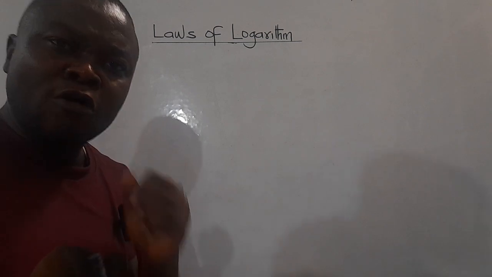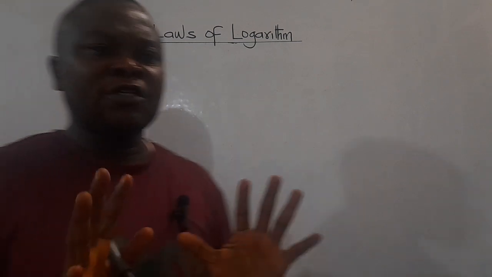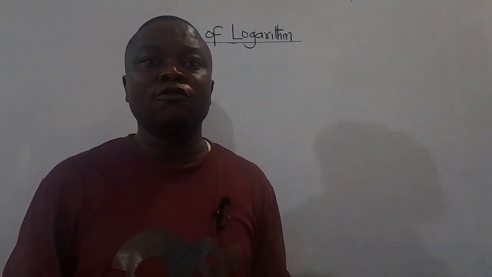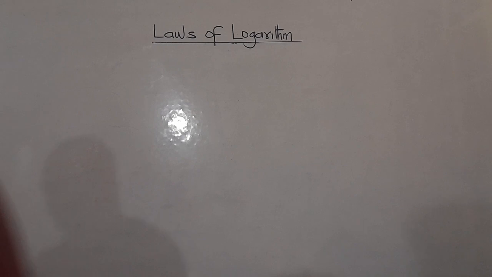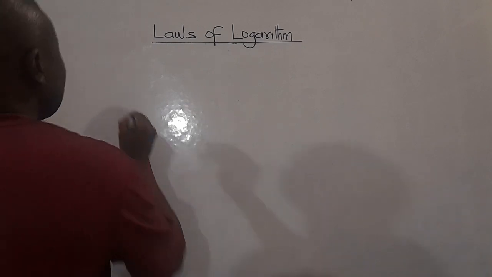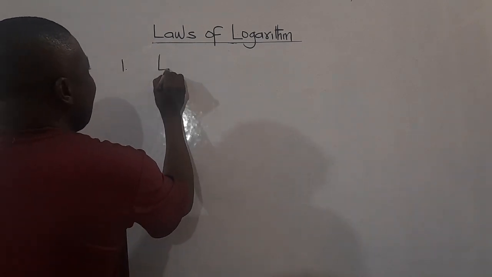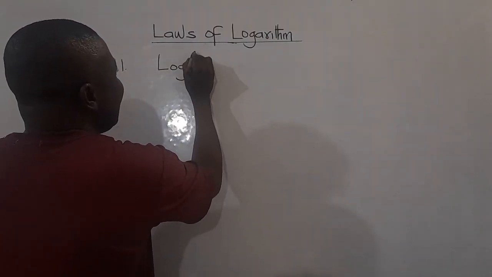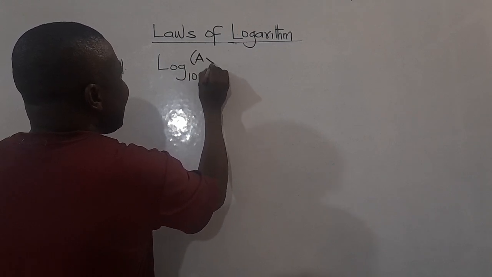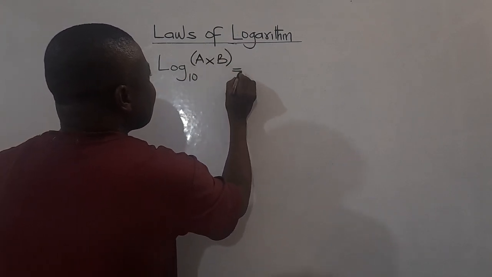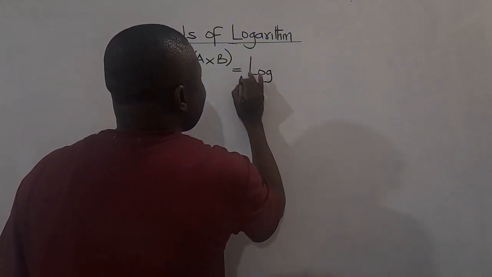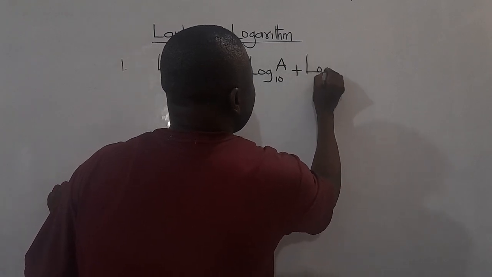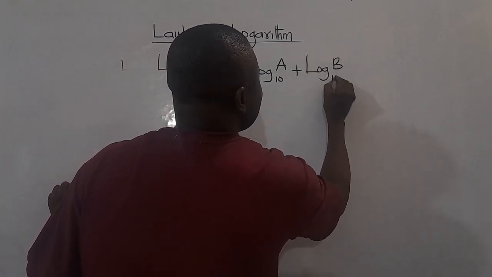So, we go to the laws of logarithm. For this class, I'm going to bring out 5 basic laws of logarithm that we're going to be looking at. For number 1, the first law is this: log a times b base 10 gives us log a base 10 plus log b base 10.